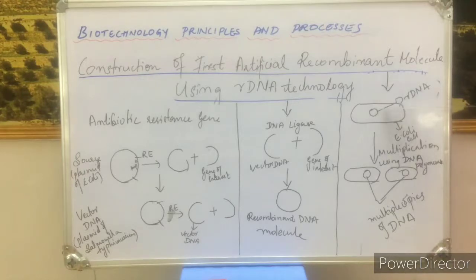Now the plasmid is carrying the plasmid of Salmonella typhimurium. Okay, it is related to and similar to the Salmonella typhimurium. Other species is the E. coli, and in E. coli the recombinant DNA molecule is introduced.